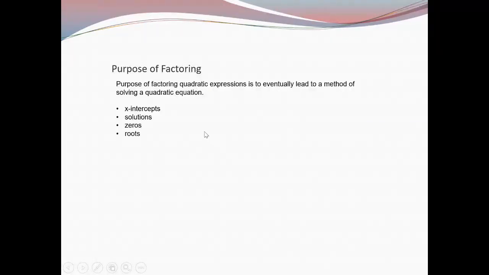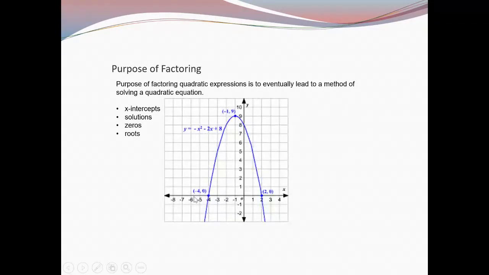Okay. So, for example, what's the purpose of factoring? The purpose of factoring quadratic expressions is to eventually lead to a method of solving a quadratic equation. So, for example, this is a graph of the function y equals negative x squared minus 2x plus 8. The purpose is trying to find the x-intercepts, which are negative 4, 0 and 2, 0. These x-intercepts are also called solutions, zeros, or roots.